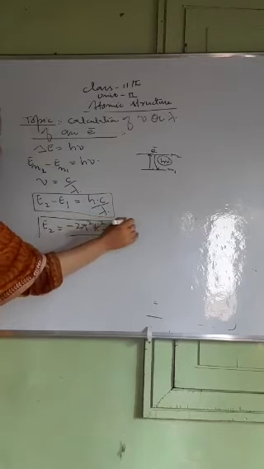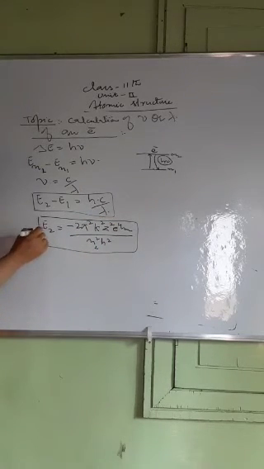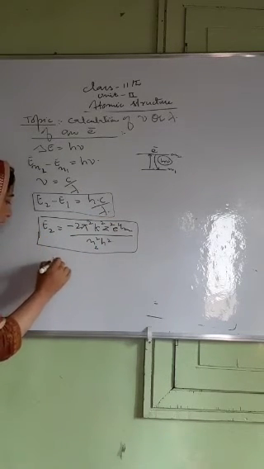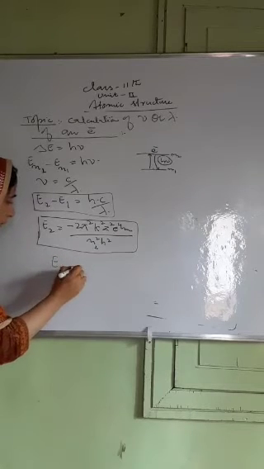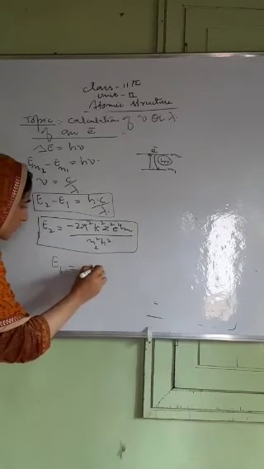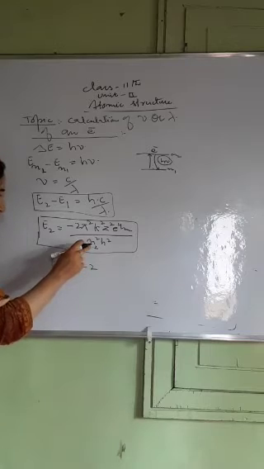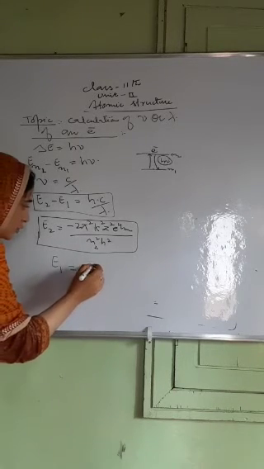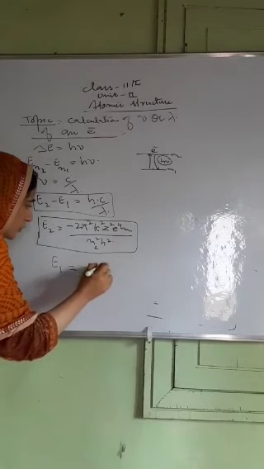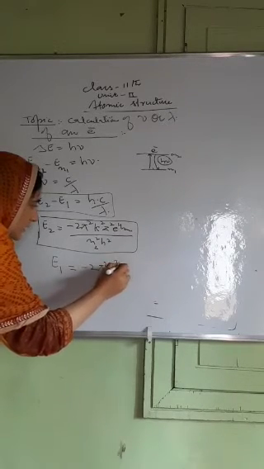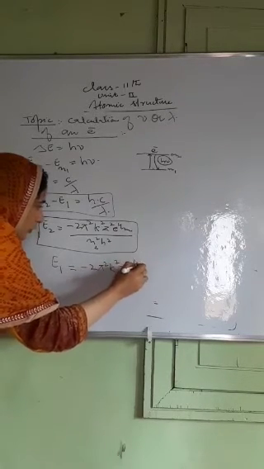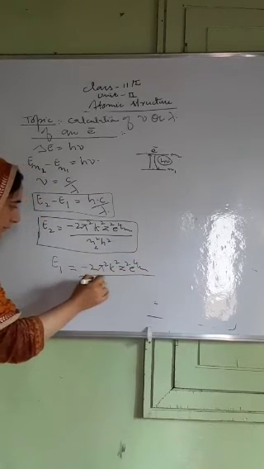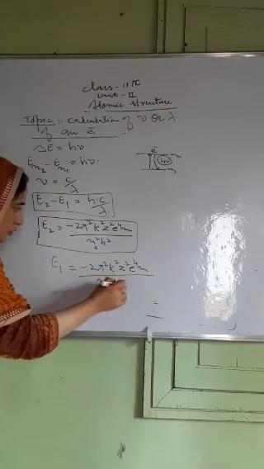Similarly, we have the energy of the lower energy state E1, equal to minus 2 pi square k square z square e4 m divided by n1 square h square, where instead of n2 we have n1 square for the ground state.